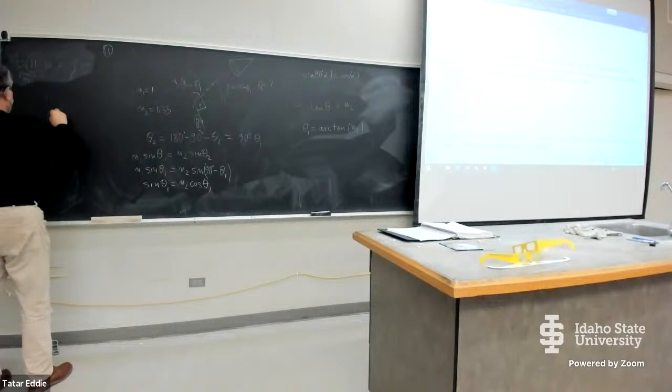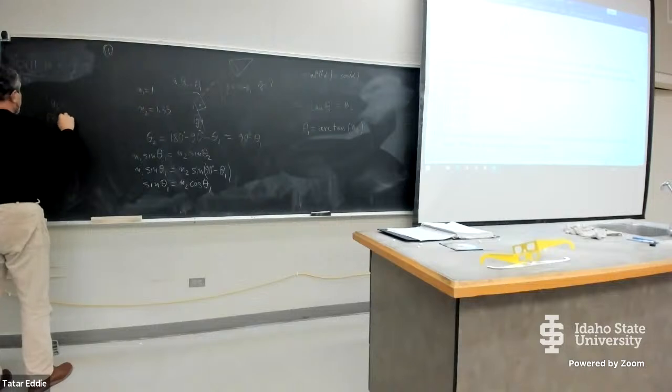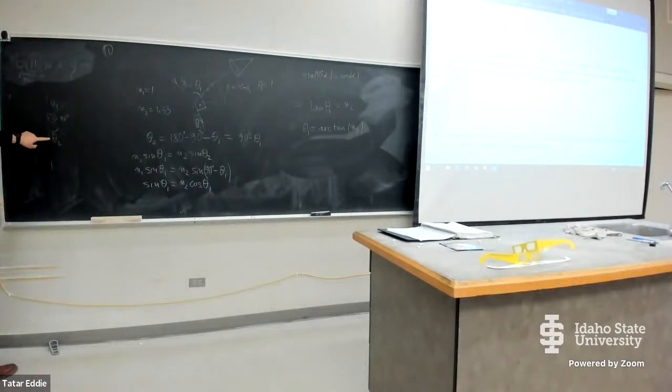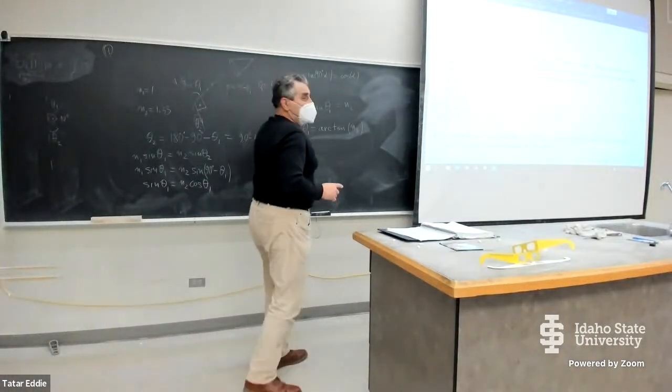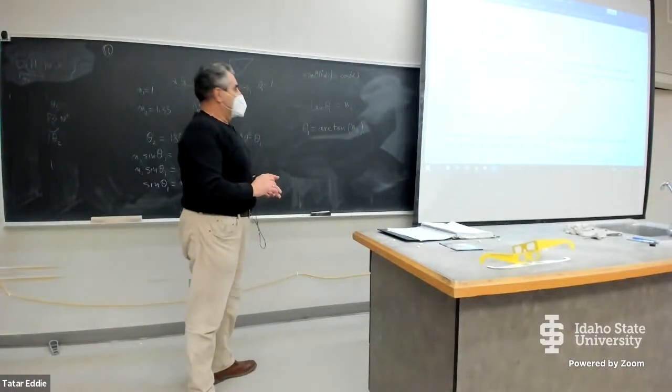Here is the vertical, here is theta 1, here is the 90 degree, and here is theta 2. So theta 2 is equal to 180 minus this minus this. So which one works? This one or 90 minus that one?